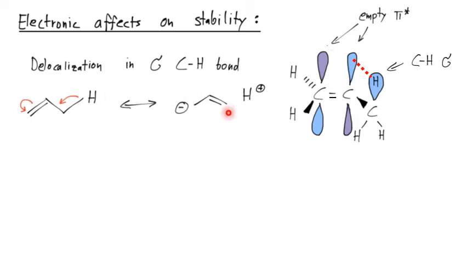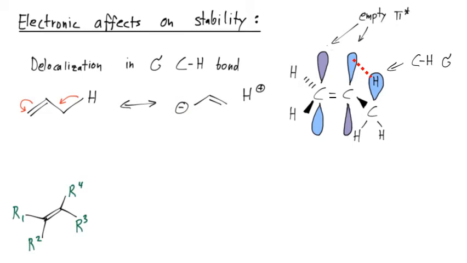So this is some form of delocalization, and you learned before, delocalization always increases stability because it reduces the energy. So here, in fact, the proton does not really split off and go into the environment. It stays very closely connected to this carbanion.